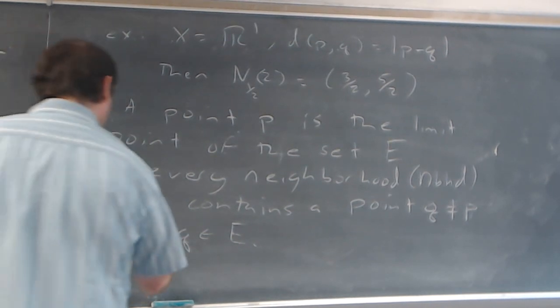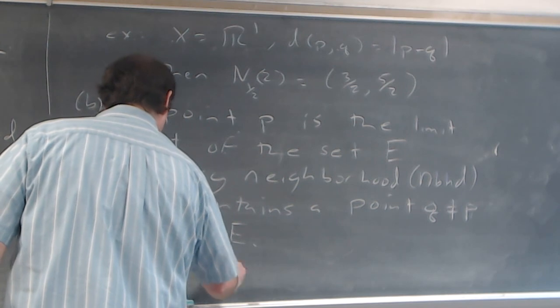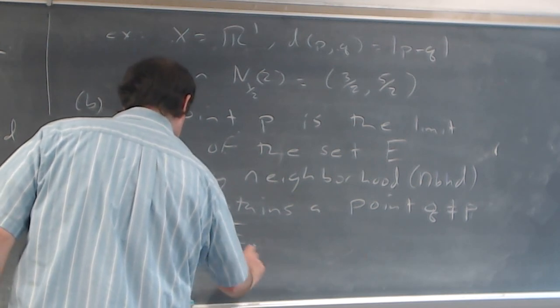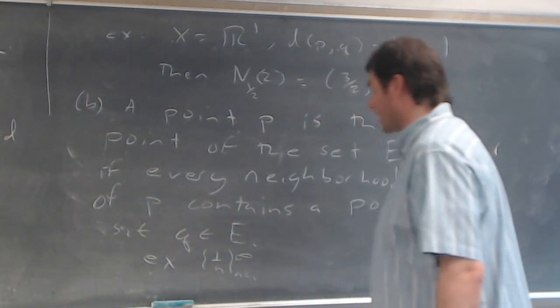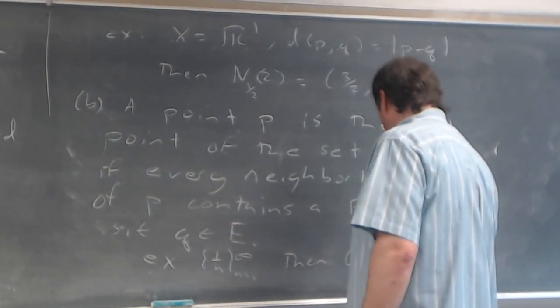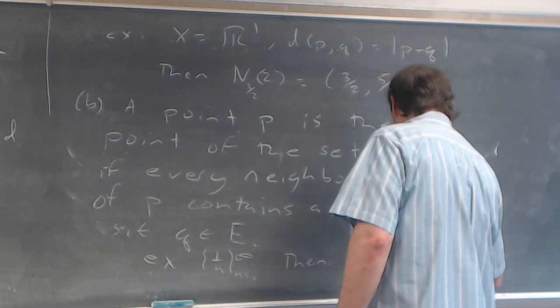And so as an example of this, if you look at the set 1 over n, this is the sequence, and these are a set of real numbers, then 0 is a limit point.